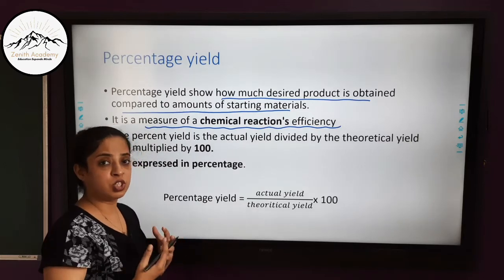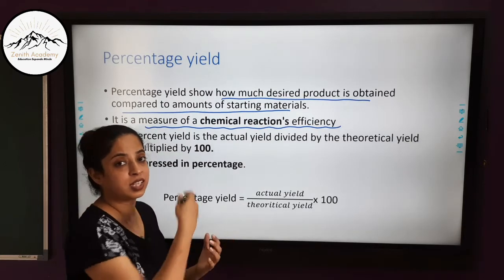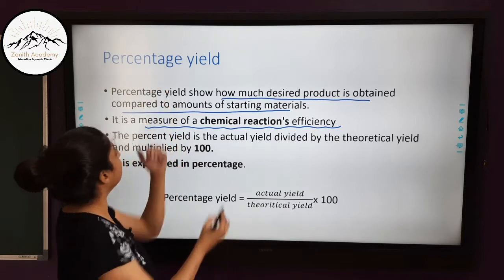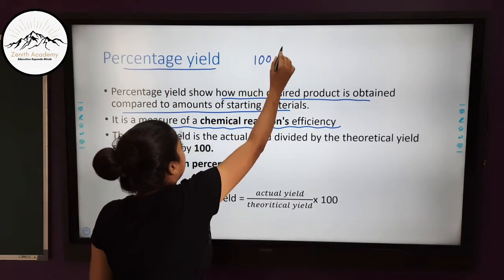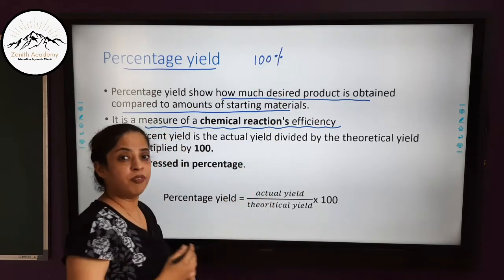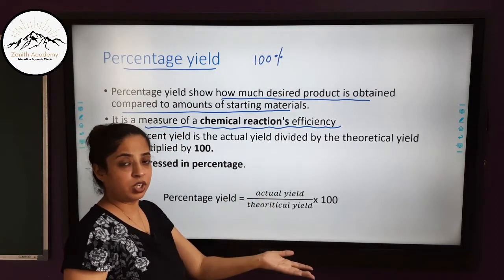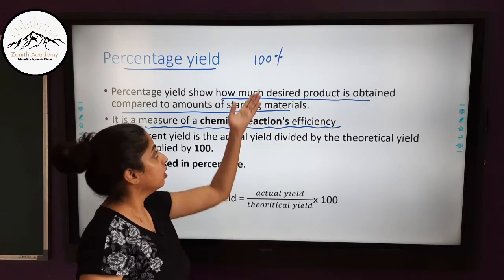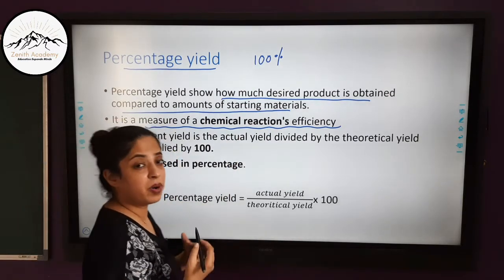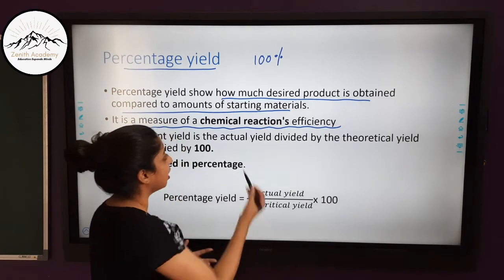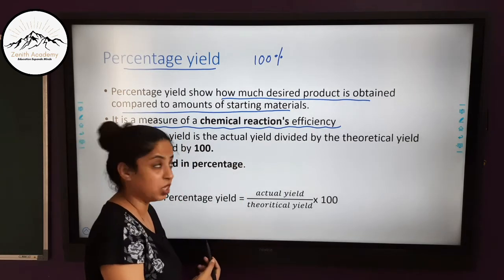If we assume that 100% is getting converted, we will get a percentage yield of 100%. But if only 50% of the reactants, by mass, are getting converted to product, then we say it is 50%. So if the percentage is high, the chemical reaction is very efficient.